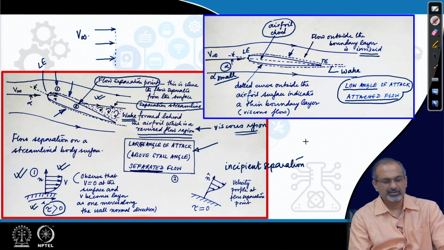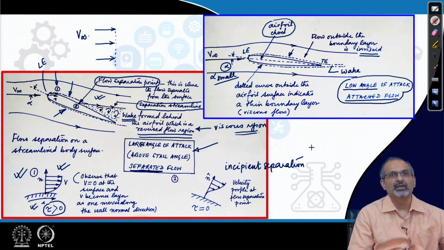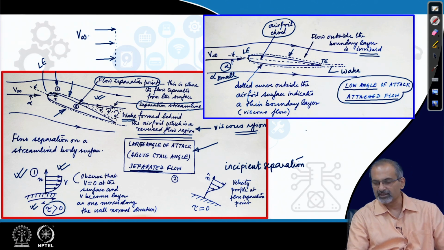Typically, this shear stress which we learned in our earlier lecture, if it is in the xy plane, we will be interested to look at one of the components of shear stress, that is tau xy, and only that component will be non-negative. And then if you recall the expression of tau xy, it is equal to mu times (del v del x plus del u del y).